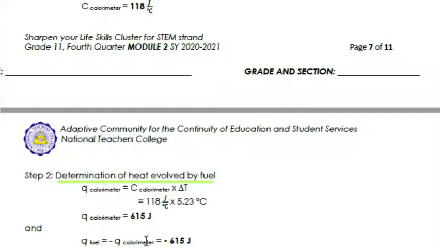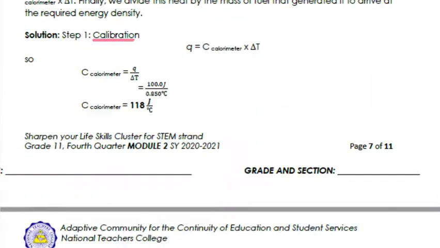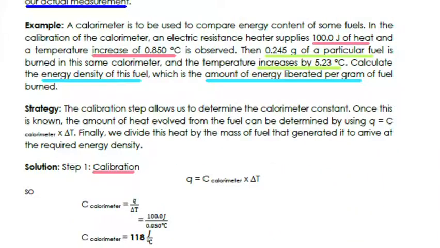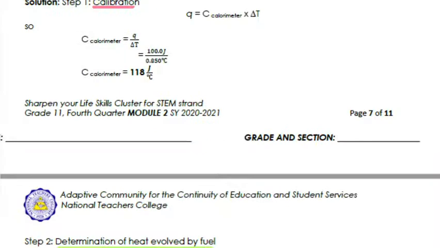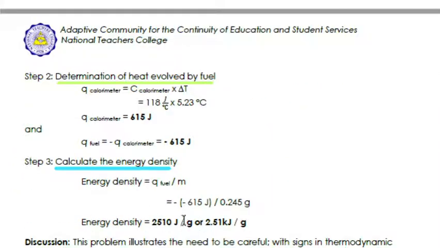So energy density is the heat of the fuel divided by the mass given also in the problem, this 0.245 grams of particular fuel. You now have the value of your energy density.